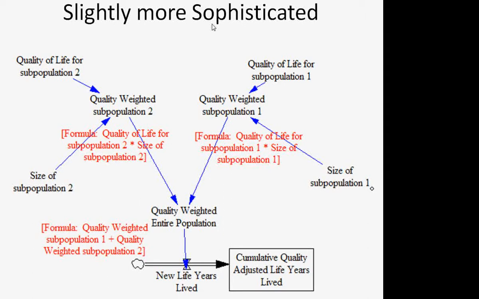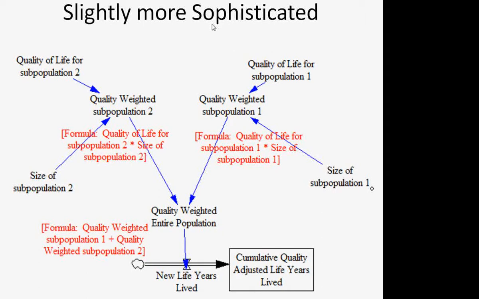So if we have a subpopulation, there's a certain quality of life for that subpopulation. We can have a quality of life weighted subpopulation, where the size of the subpopulation is multiplied by the quality of life for it. Same thing with another subpopulation. You add that in here, and we have the new number of quality-adjusted life years lived, and this is cumulative quality-adjusted life years lived.